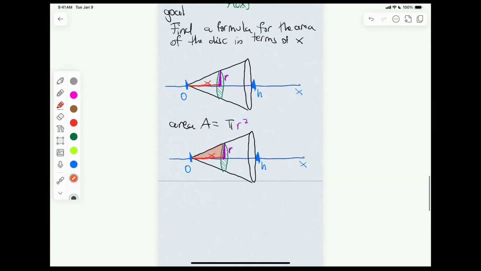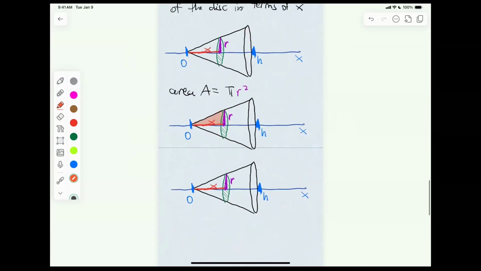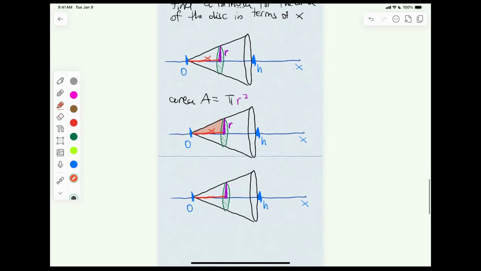And the second right triangle is going to be this one. Actually, let me see if I can erase r for a second, because this is too much stuff and it doesn't depend on r. Okay, now it looks better.